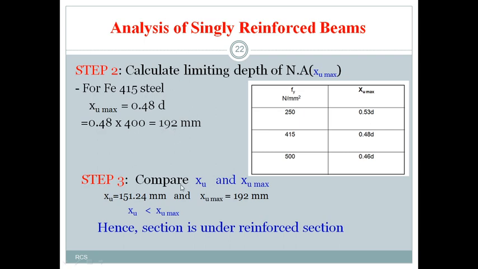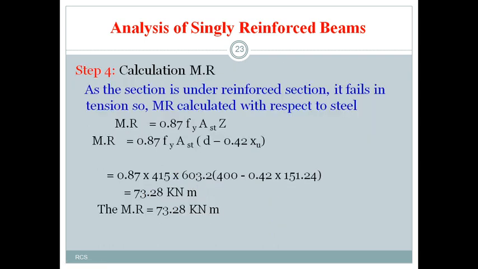Now we have to compare xu and xu max. xu is 151.24 mm and xu max is 192 mm. Since xu is less than xu max, our section is an under-reinforced section. We know that when the section is under-reinforced, the moment of resistance is calculated with respect to the steel, because steel will fail before concrete fails.